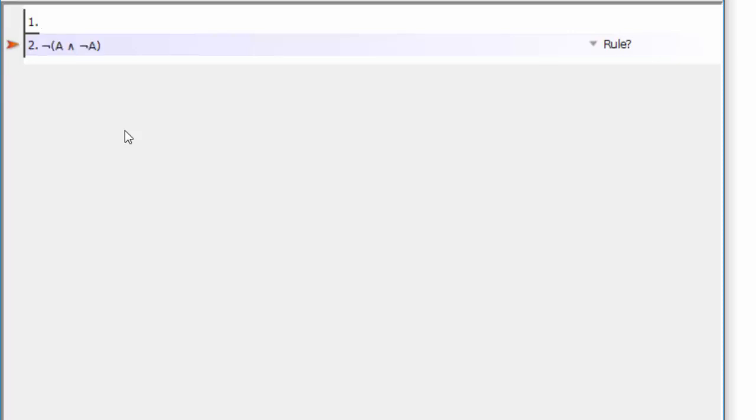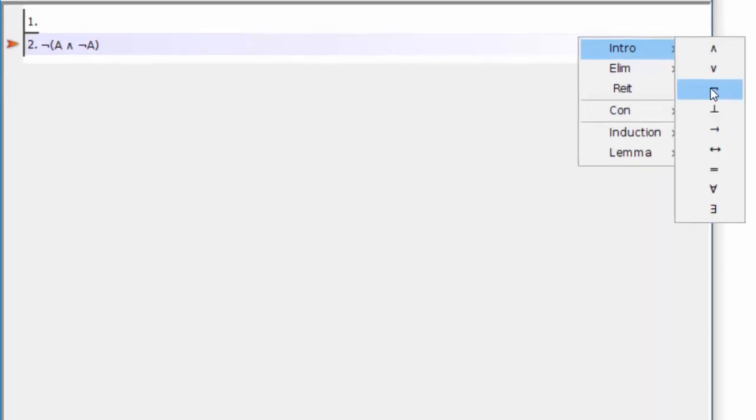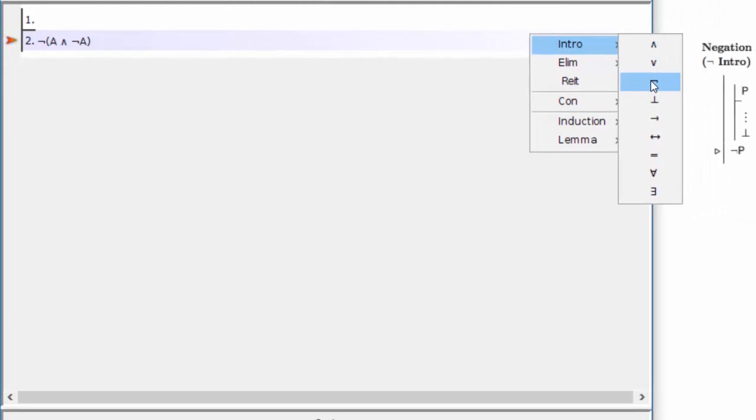And if we'll recall, the way that negation introduction allows me to do that, and we can see that by looking at the rule here, is by assuming a proposition and then showing that that proposition generates a contradiction. If by assuming a proposition it generates a contradiction, then I know that the proposition that I introduced has to be false, and therefore the negation of that proposition has to be true.